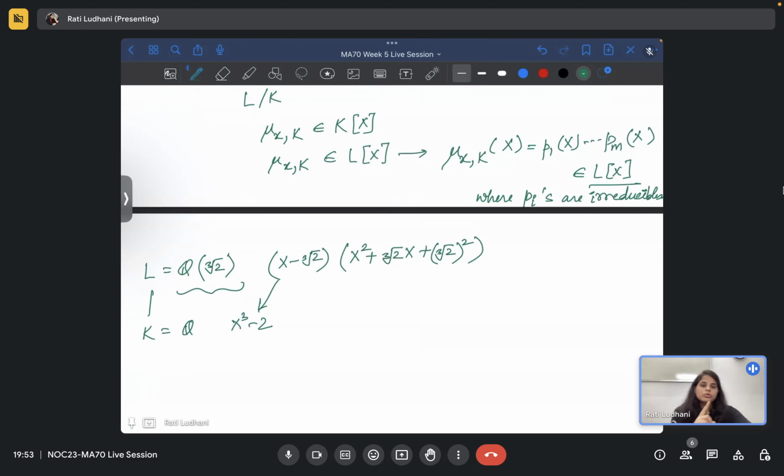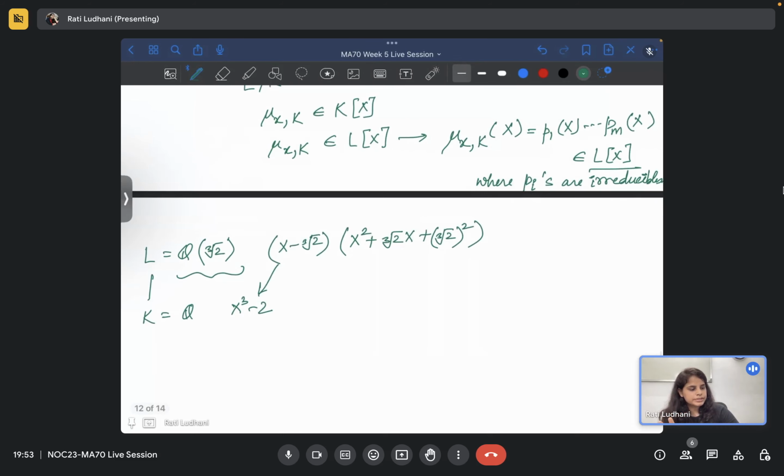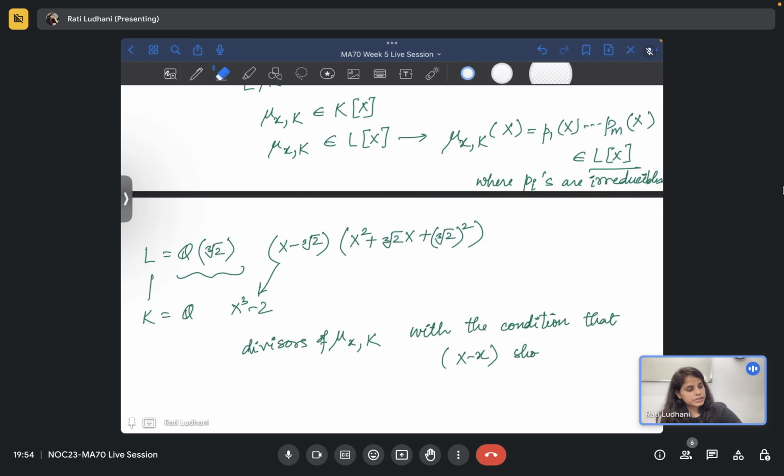Okay, now here you know that you are interested in divisors of this, with the condition that x minus alpha should be a factor. x minus alpha should divide this divisor, like divisor g(x), in some splitting field.